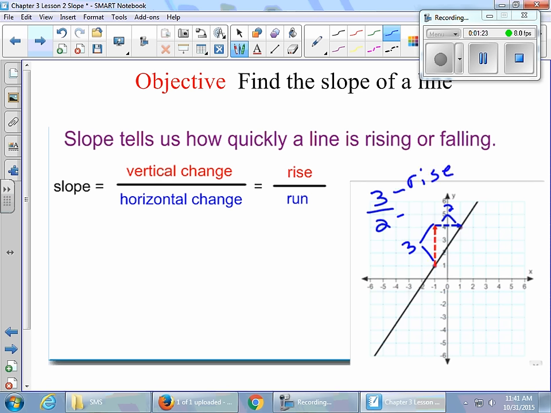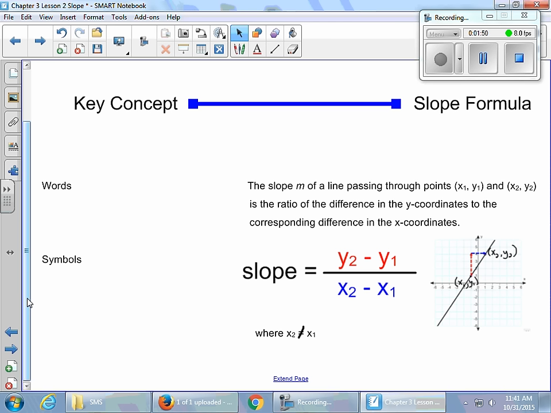Our key concept is slope formula. You have a formula to find the slope. One of our first formulas we're going to have this year is the slope formula. The slope m of a line passing through points (x1, y1) and (x2, y2) is the ratio of the difference in the y coordinates to the corresponding difference in the x coordinates.